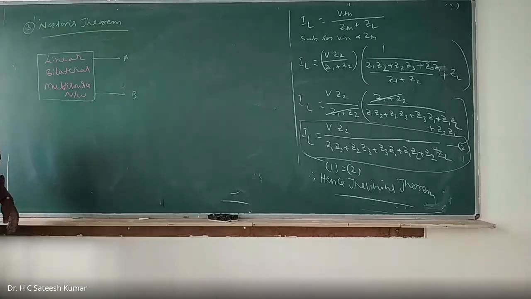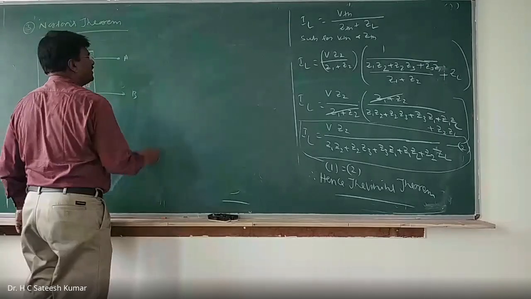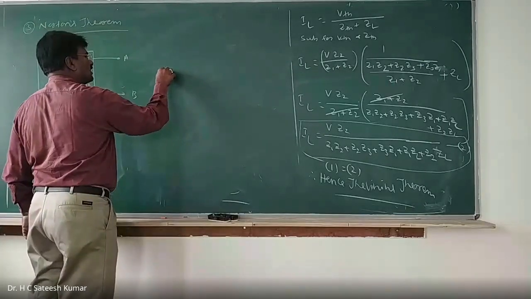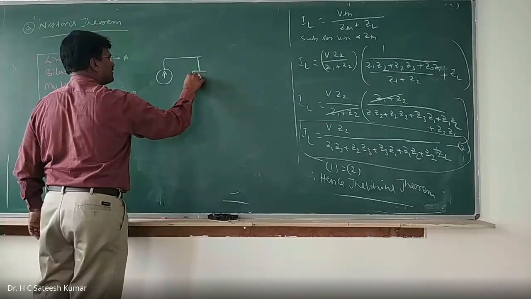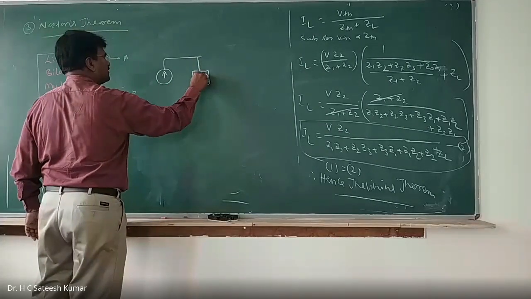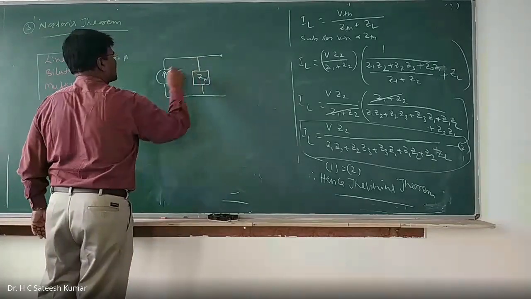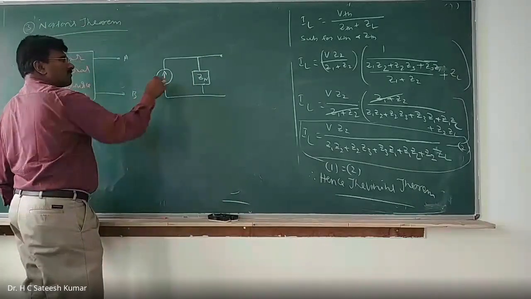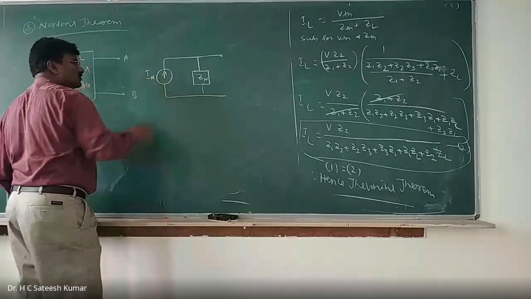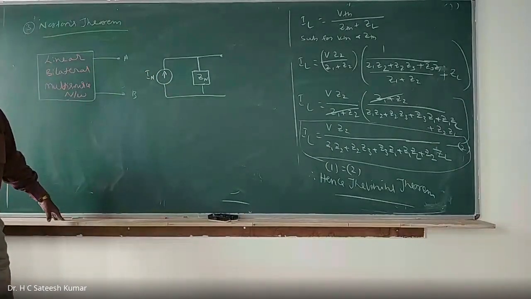It can be replaced by a current source in parallel with an impedance Zn, Norton's impedance, and this current source is known as Norton's equivalent current source.